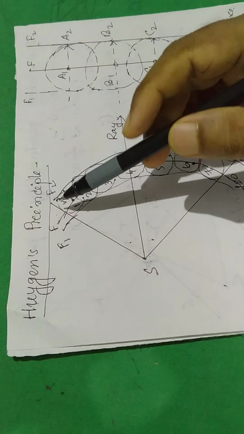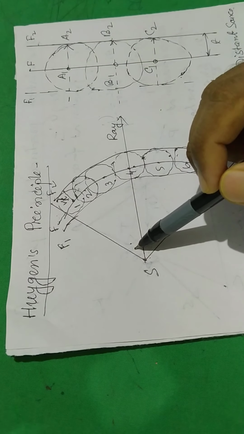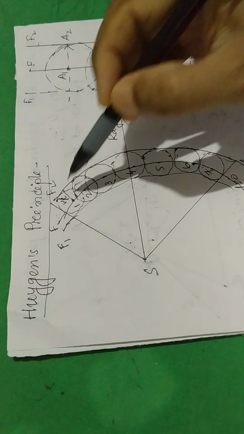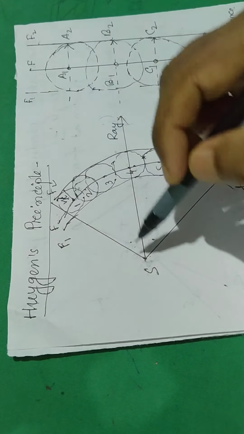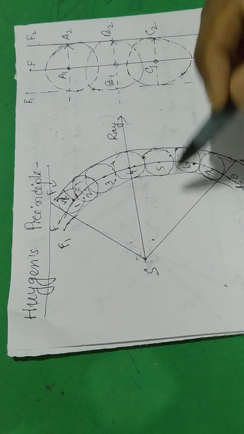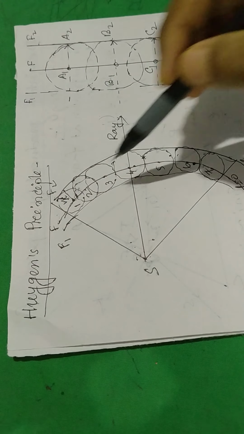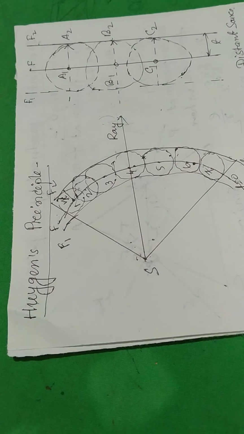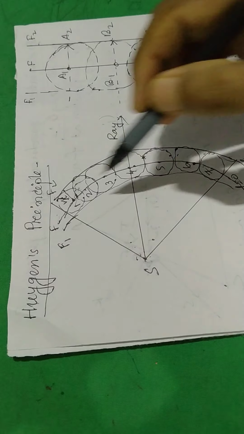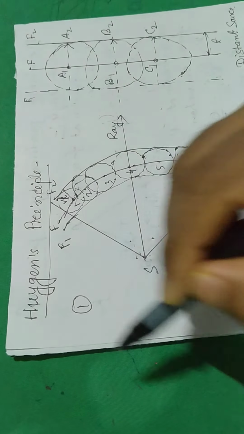So according to the first statement, each source of light is a center of disturbance and it spreads in all directions, and all particles equidistant from the source and vibrating in the same phase lie on a surface. This surface is known as wavefront. This is the first statement.